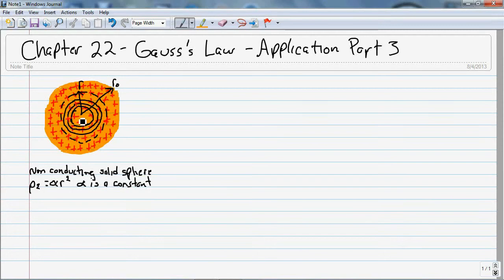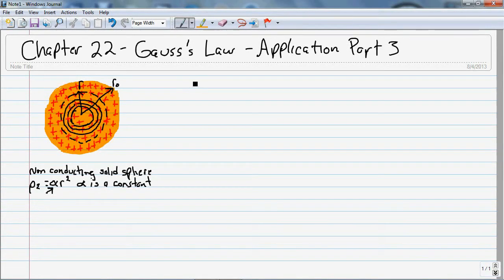The first thing I need to do is calculate alpha. It's not given to me because alpha is based on the total charge in this sphere.